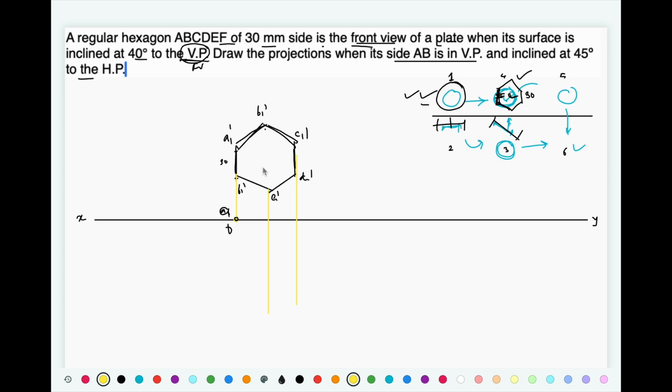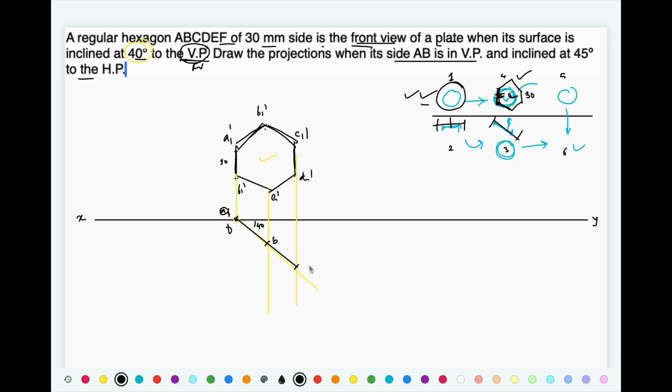Now this hexagon we have got when that plane was inclined at 40 degree. So from here I'll draw one line which is inclined at 40 degree and that line is nothing but our top view.